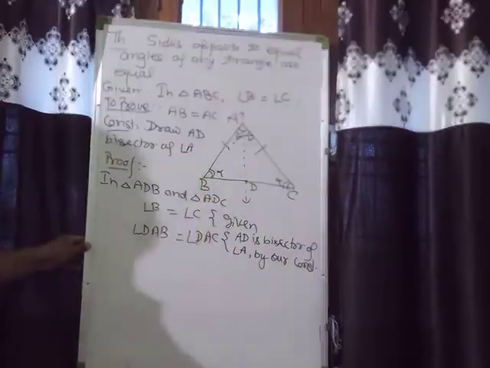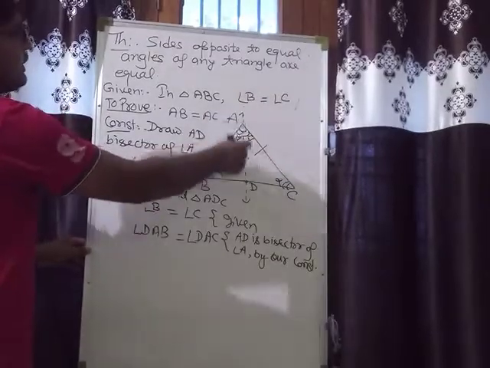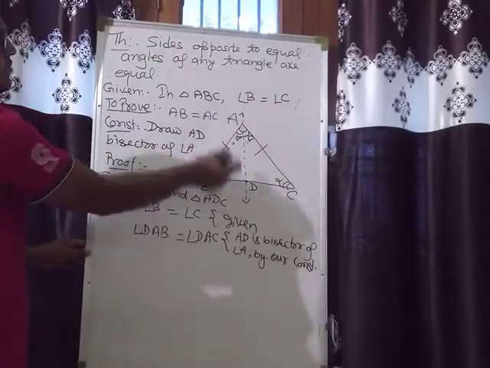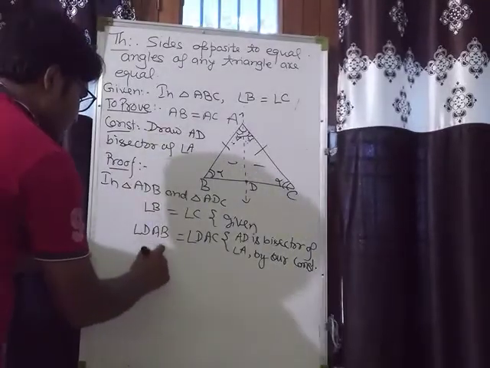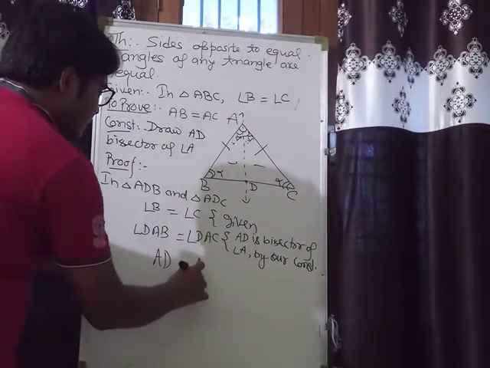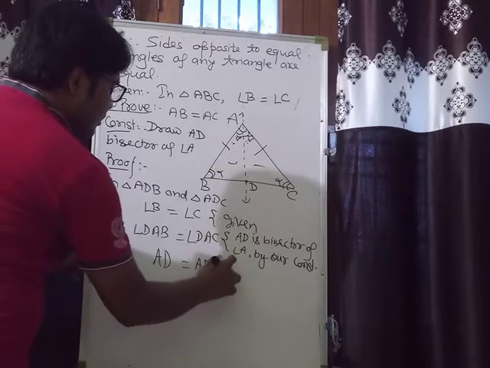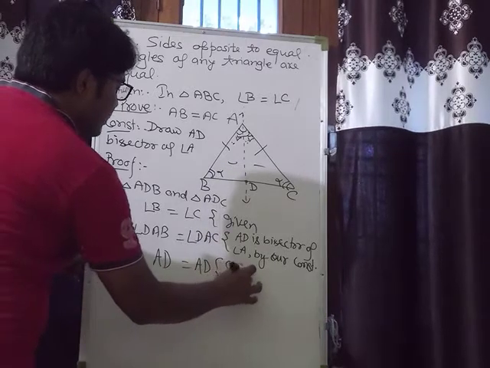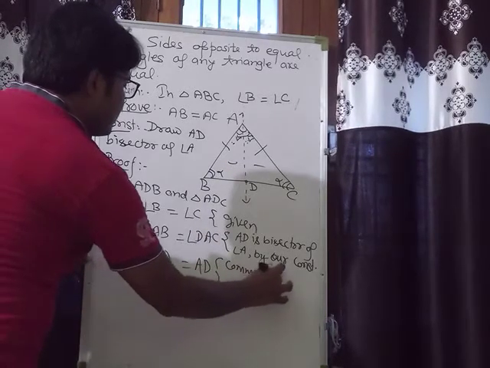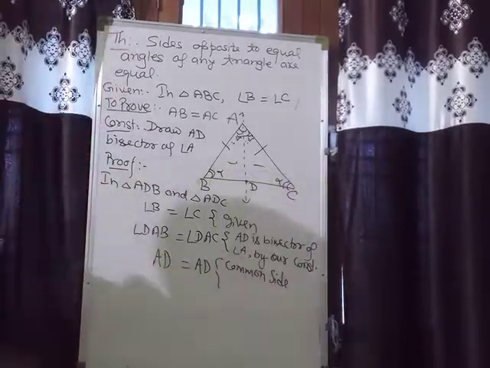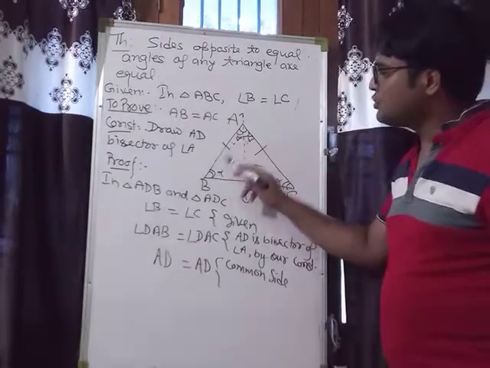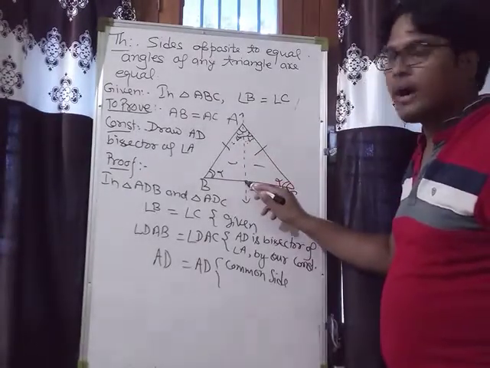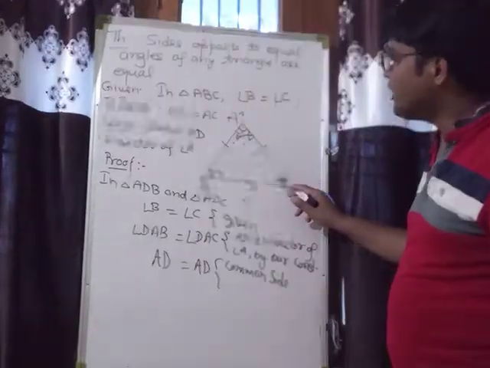Okay, and you can see this AD, this line segment AD is common in both triangles. AD is equal to AD. Common side.